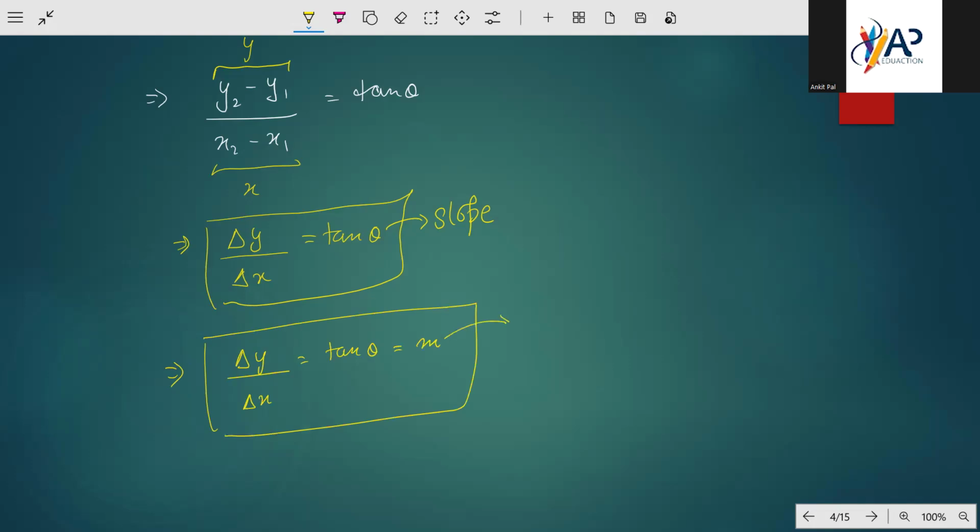The meaning of m is also a slope, right? Yes.